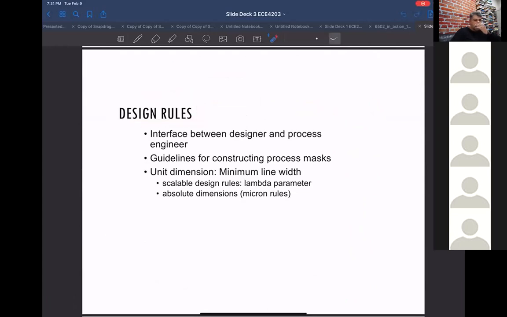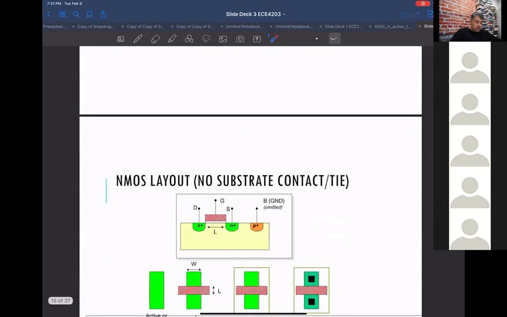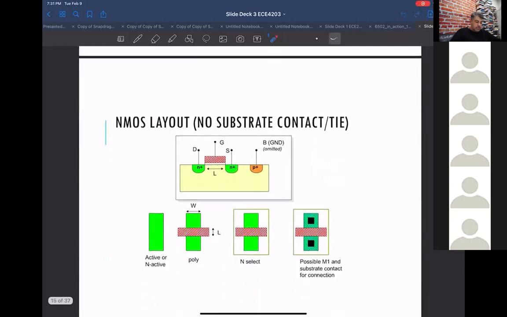This is usually a document, and there are software tools that check whether the layout you drew in software follows these rules or not. These are the guidelines given to you by the foundry about what they can make and what they cannot. They're always given for each layer, and there are different types of design rules.